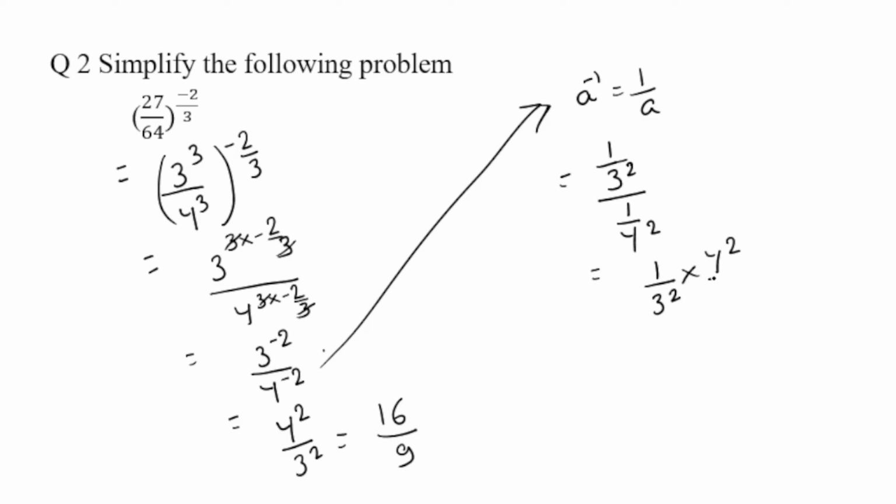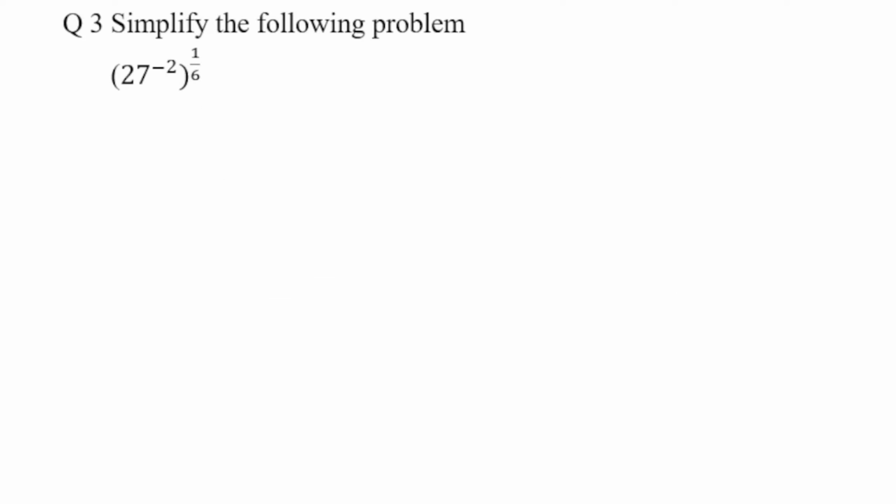Multiply 4 square by 1. 4 square means 16. 3 square means 9. So you can do any one method, whichever you find easier. Now move to question number 3.